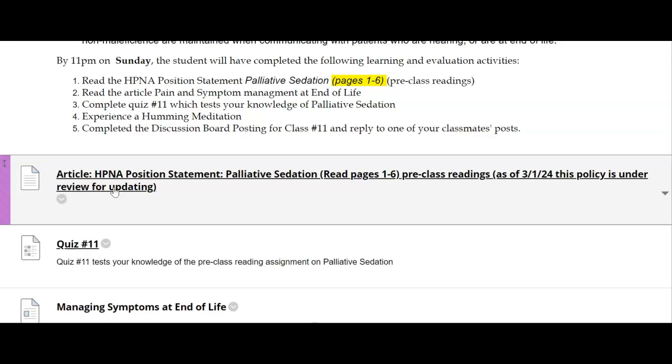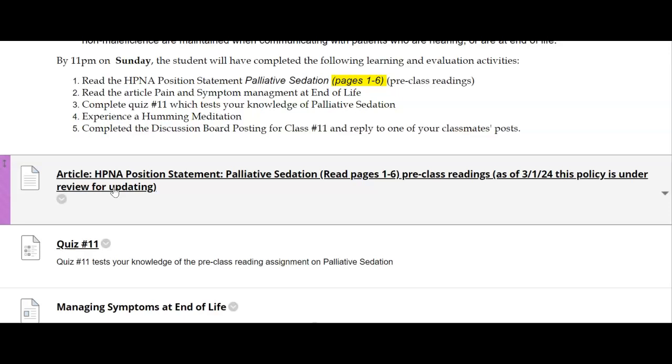We have a patient who's suffering, the other medications have not been effective enough to ease this patient's suffering, and the patient has agreed to have this palliative sedation. So the intention is to relieve pain.